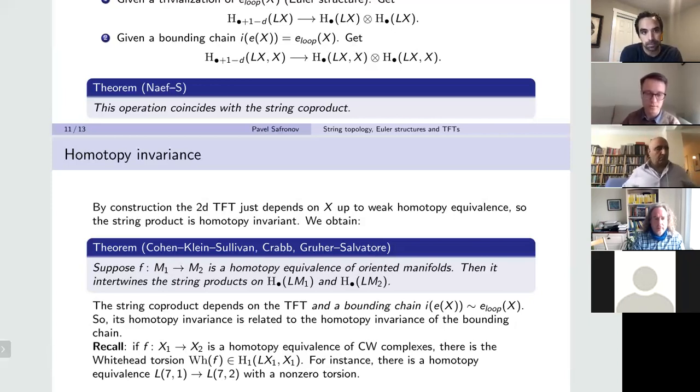Whitehead torsion depends on the fundamental group. And as an example, which goes back to Reidemeister, there are two homotopy equivalent lens spaces, L71 and L72, but they're not homeomorphic. So there's a homotopy equivalence between them which has a non-zero Whitehead torsion.